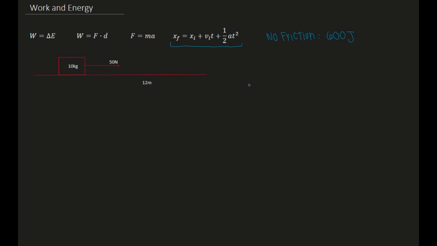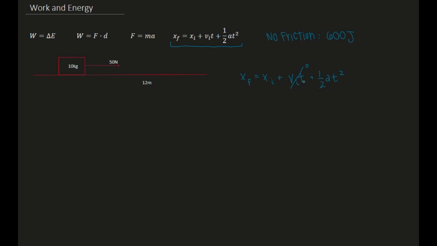So I can set up my equation. My x final is equal to x initial plus v initial times t plus 1/2 a t squared. And I can do two things for simplification. I can specify that it started at initial velocity of 0, so that term goes away.